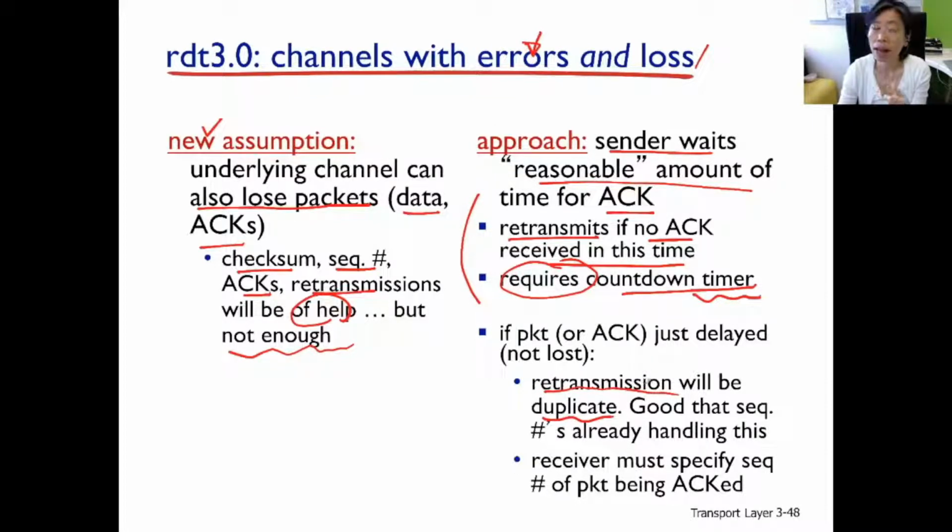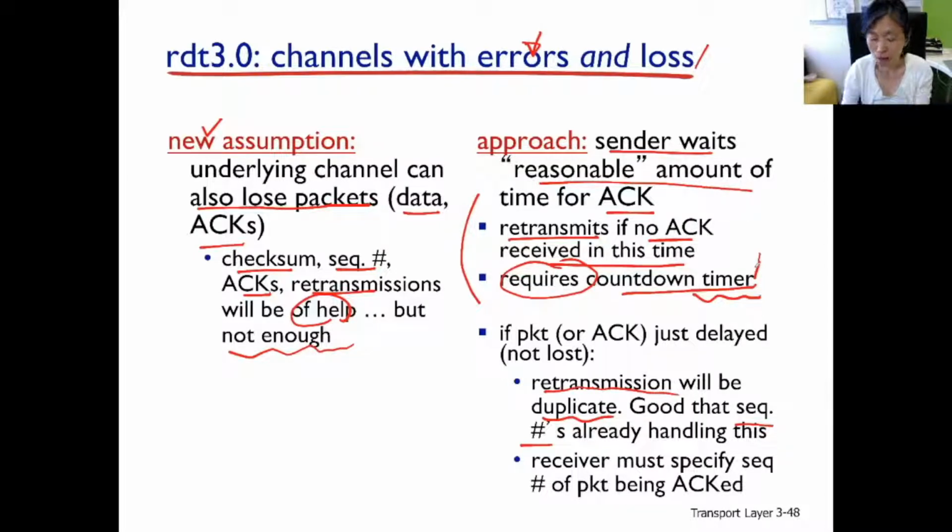Just like when the ACK is corrupted, the retransmission from the data sender in 2.1 is also unnecessary. But it's okay. We already have the mechanism right there, which is the sequence number. That's going to address the duplicate issue. So no worry, even if we didn't set the timer quite right. It's just that there'll be a lot more unnecessary retransmission if the countdown timer is too short. All right, so determining the duration for the countdown timer is also an art. We'll also see later in TCP how that is calculated, how that is estimated.